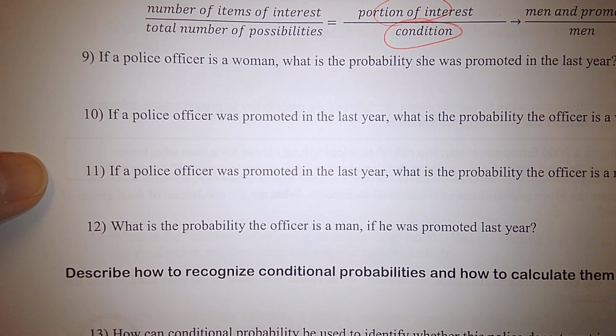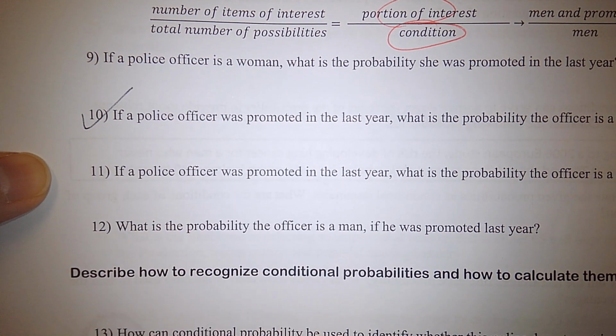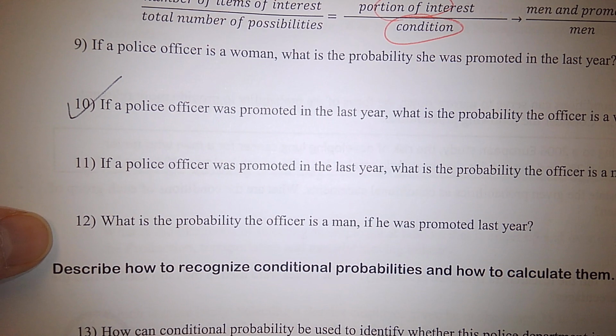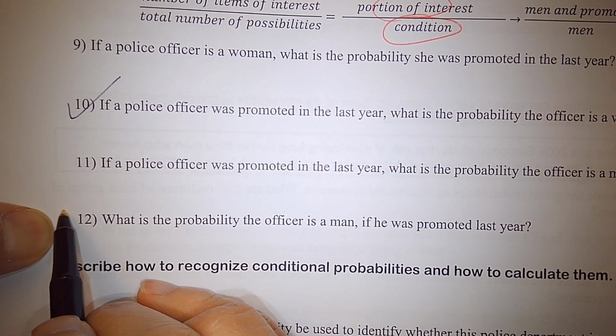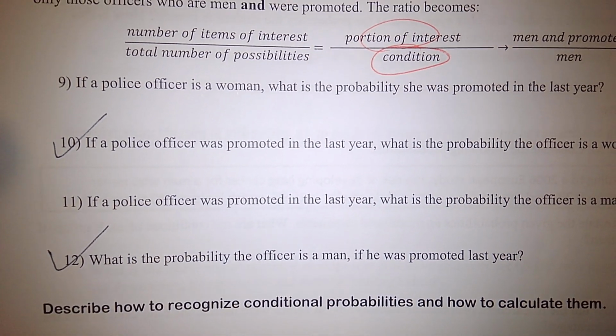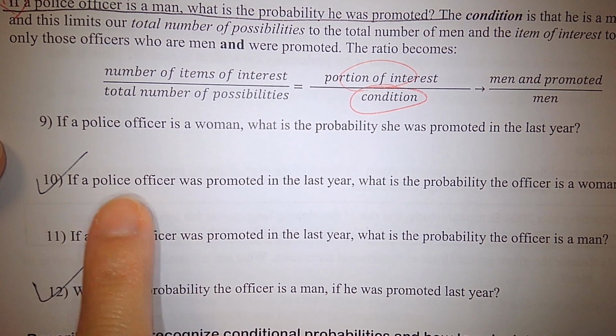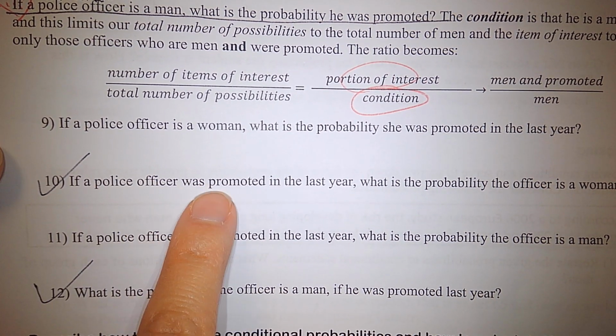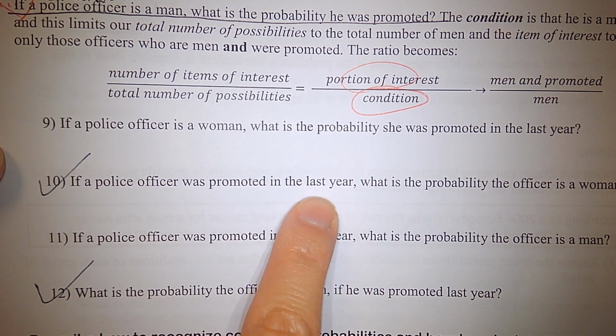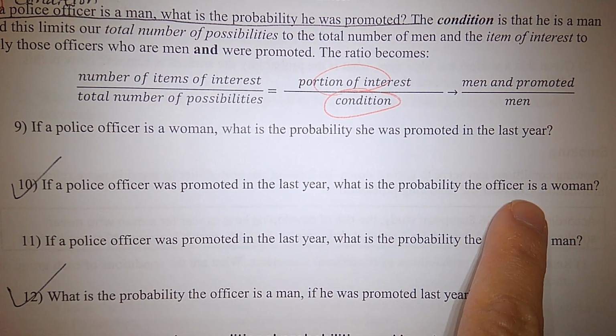Let's try question 10 and also question 12. Let's do these two. Question 10, I'll read the question for us: if a police officer was promoted last year, what is the probability that the police officer is a woman?